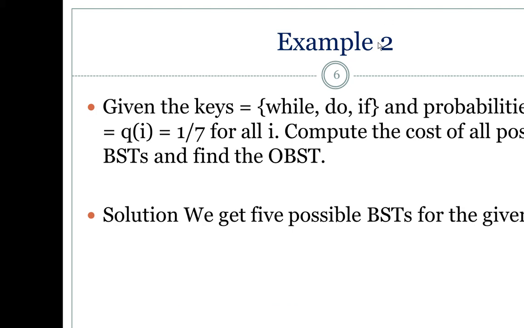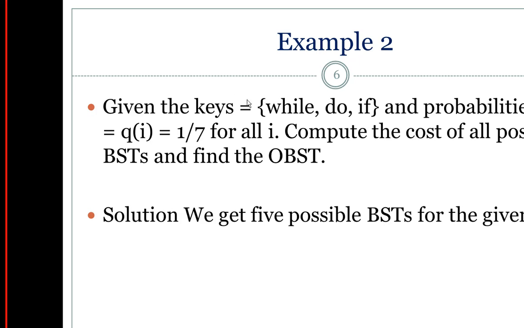Now consider one more example. Suppose there are three keys and the probabilities for successful search and unsuccessful search are 1 by 7 for all. Now we have to compute the possible BSTs and find out the OBST. There can be more than one BST for these keys, but among them there will be only one optimal BST.